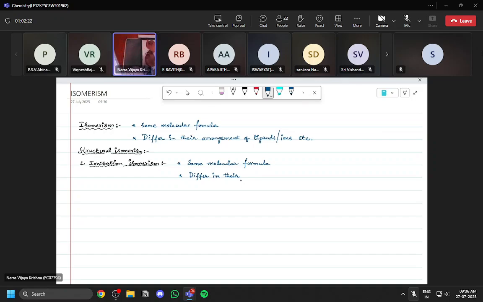So if I exchange these two, then it is ionization isomerism. So differ in their ligands, or I will write ions. Or I will do one thing: differ in their ions produced during ionization by dissolving them in a suitable solvent.